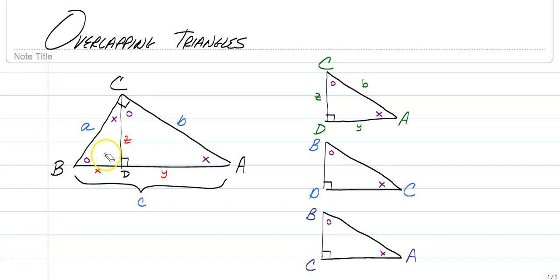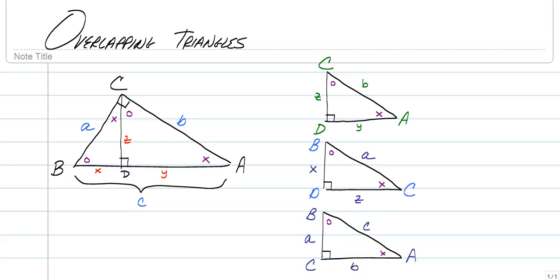So for this guy over here, we know that BD is X. We know that BC is A. And we know that CD is Z. And then for the big triangle, this guy over here, BC is A. This is C. And this is B.